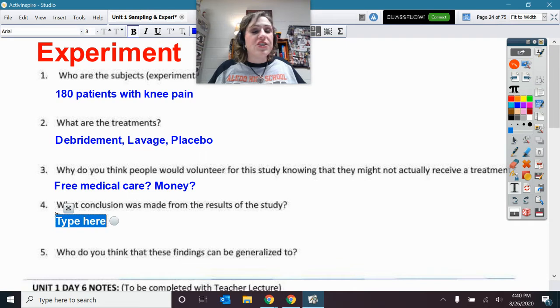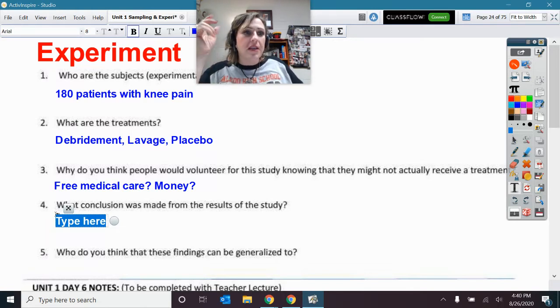However, neither of the intervention groups, so neither the debridement nor the lavage, reported less pain or better function than the placebo group. Okay, so the debridement and lavage did not report better results than the placebo. Crazy, crazy. So they're saying in effect that this response, the reduced pain that they were measuring, could have been what's called a placebo effect.